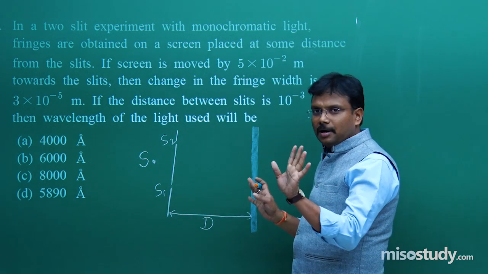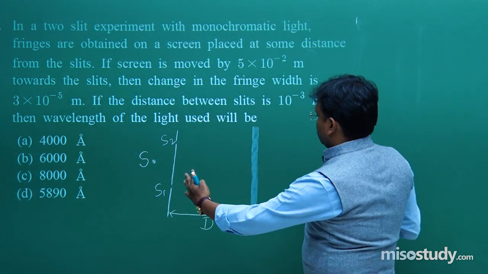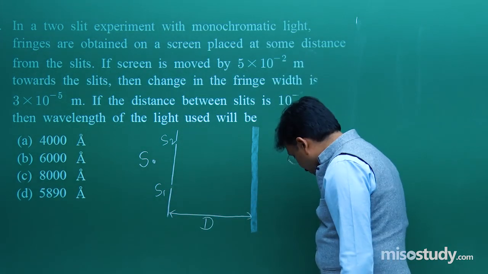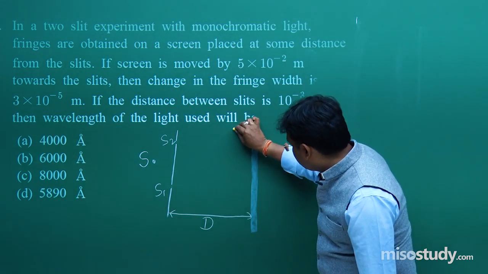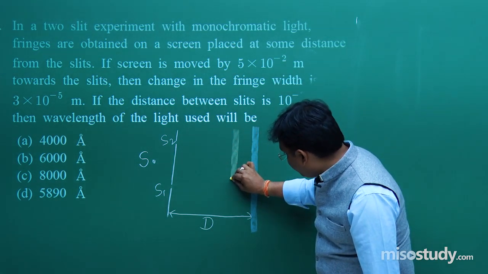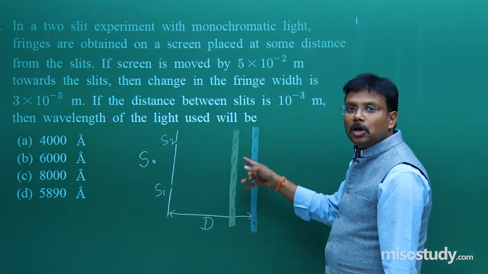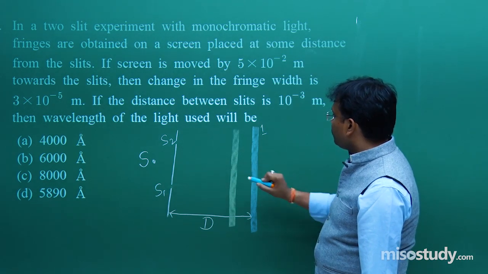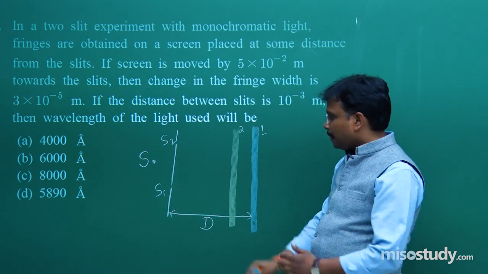What the pattern is, I am not going into that detail. After some time, what happened? You shifted the screen towards the slits, means now the screen is placed at this yellow segment. Initially this was position number 1 for the screen and this is the final or second position of the screen.